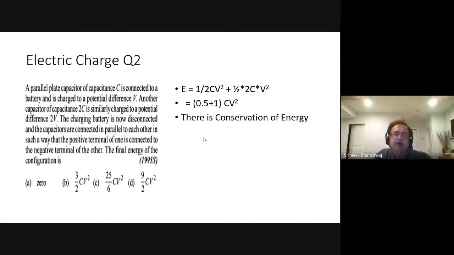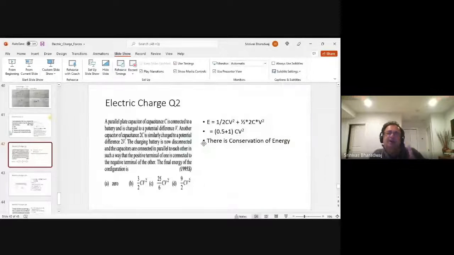Okay, so now this is a question about capacitors. Sometimes if you learn only little pieces and you go and study capacitors, you will find, oh my God, electric charge is this question, why am I struggling? You should assume that you have to learn more material.